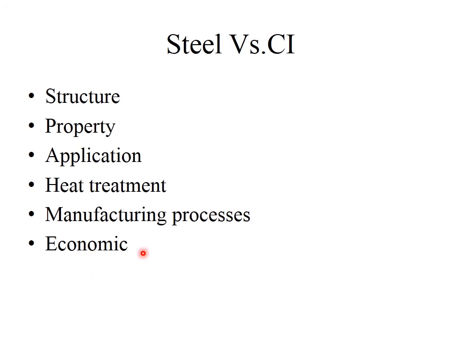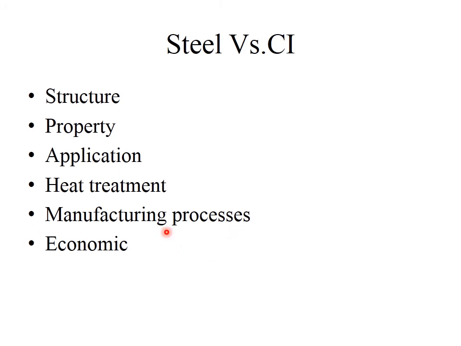Now the economic point of view also considers the manufacturing process. Let us say that out of these two materials, one material is less expensive. If I buy a raw material, that will be less expensive. But then, if I go for a manufacturing process to make the final product, my manufacturing process may be a little bit complex and tedious, and ultimately whatever the product I am manufacturing, the total cost will be more than whatever I had thought for the base material.